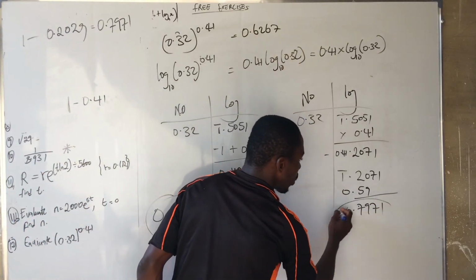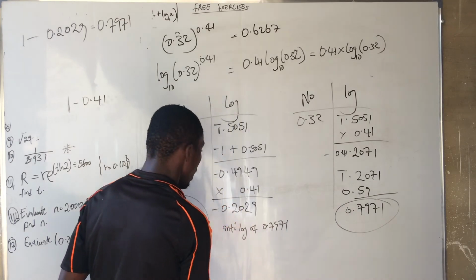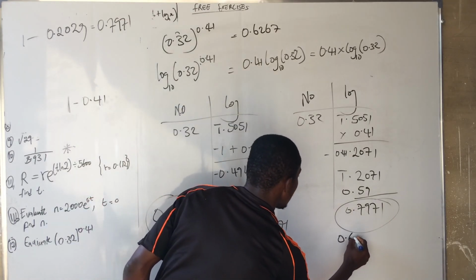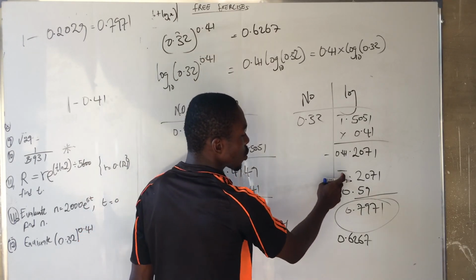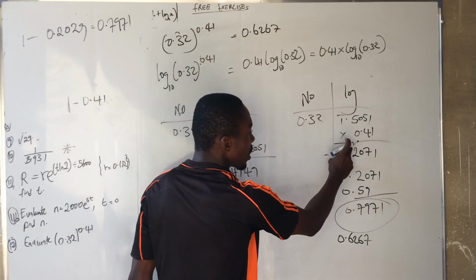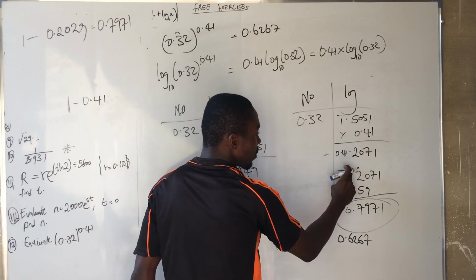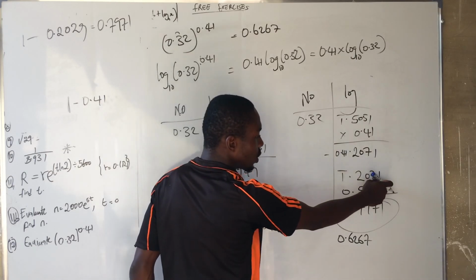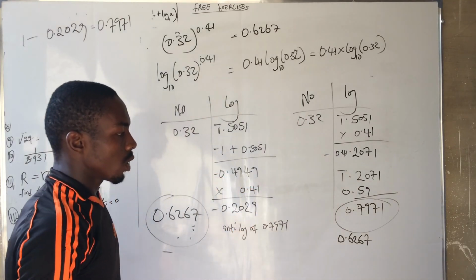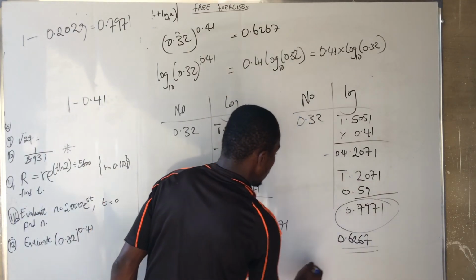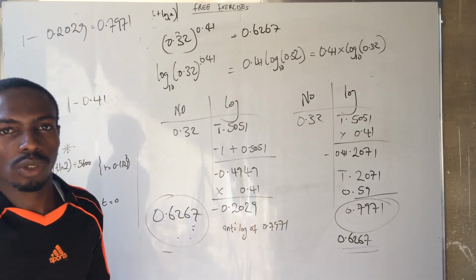So when we look for the antilog of this now, we are going to arrive at 0.6267. You asked me why I wrote this here. I just wrote bar 1 to know that here is 0.41. Writing bar 1 here means that there is something I added to this to give me this bar 1. So this is another way I managed to solve that.